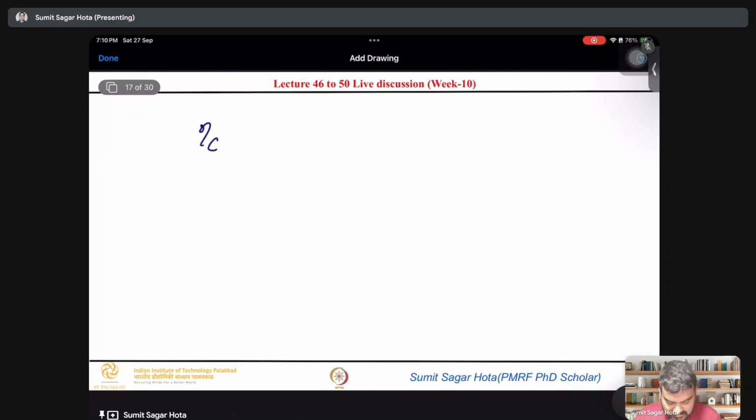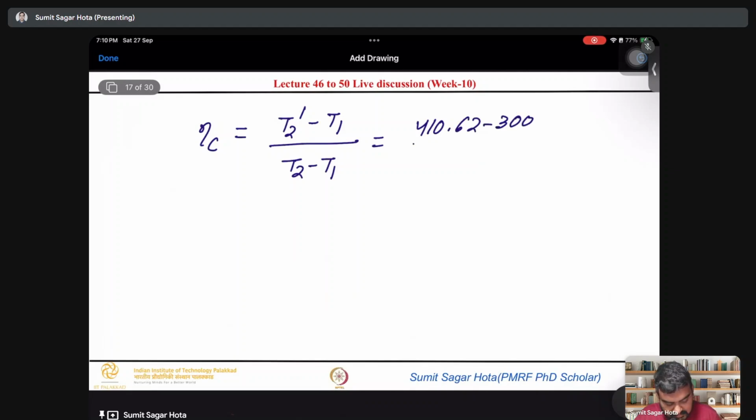The isentropic efficiency of the compressor is T2 dash minus T1 divided by T2 minus T1, which is equal to 410.62 minus 300 by 425 minus 300.